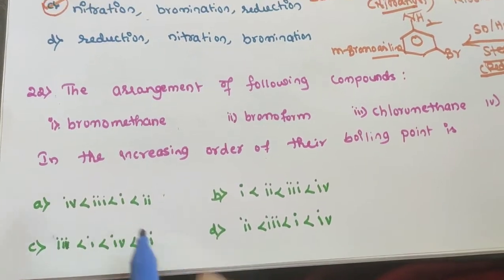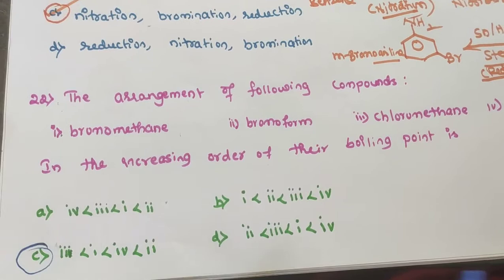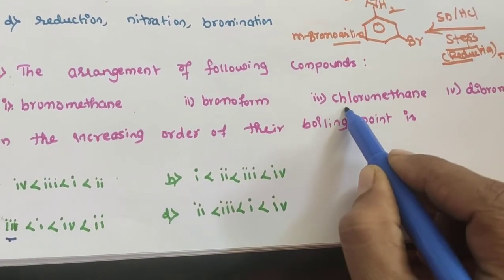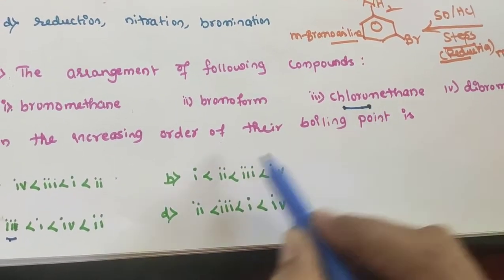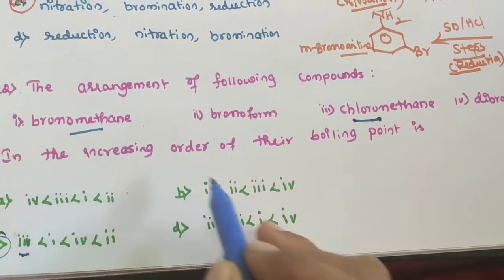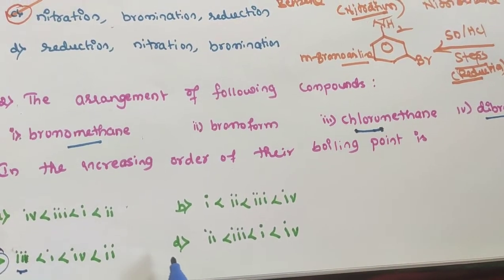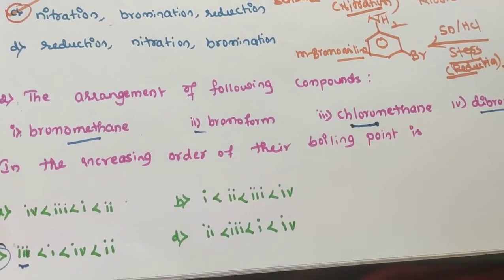The answer is C: 3, chloromethane, then 1, bromomethane, then 4, dibromomethane, then 2, bromoform.